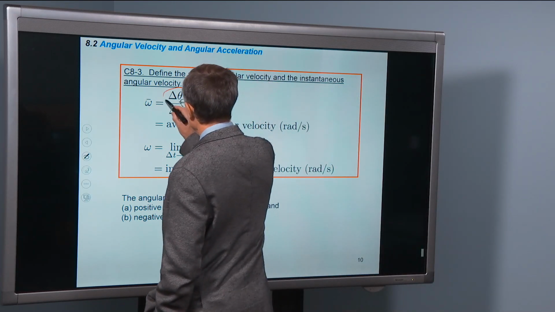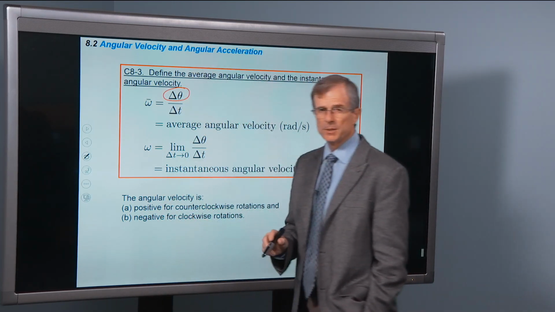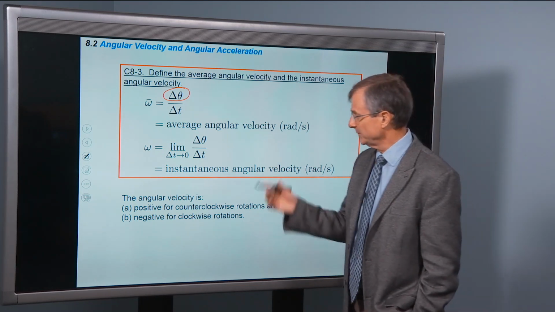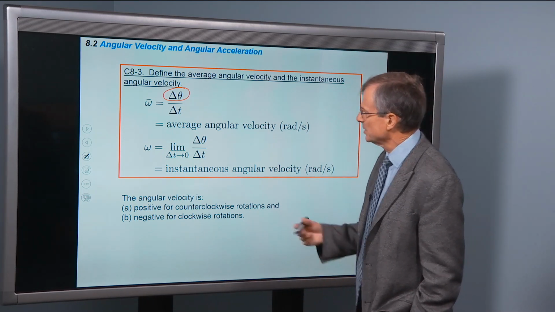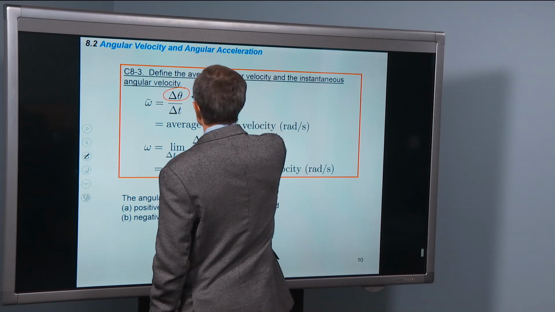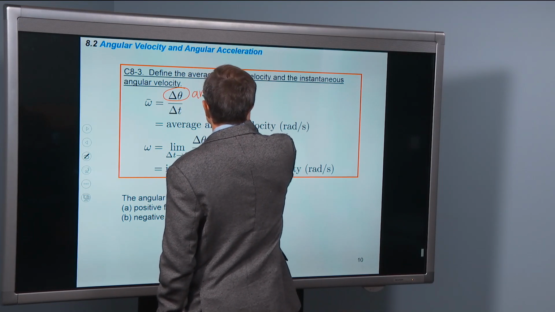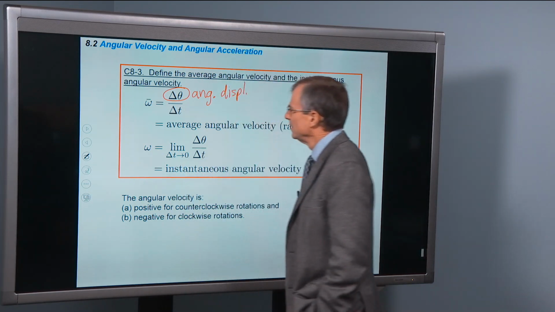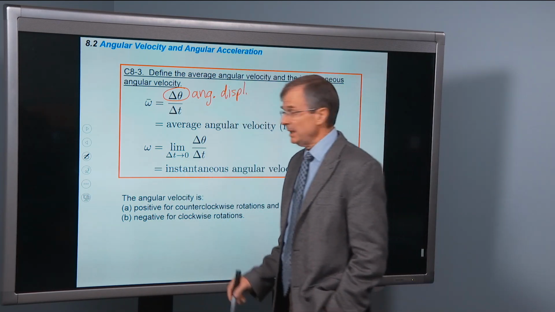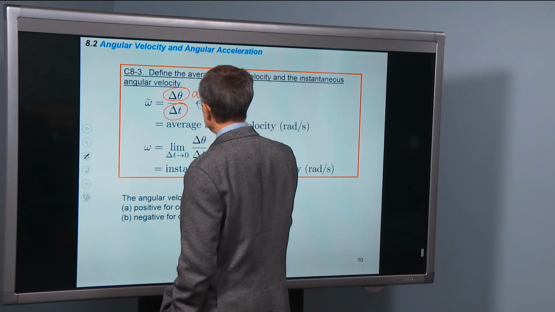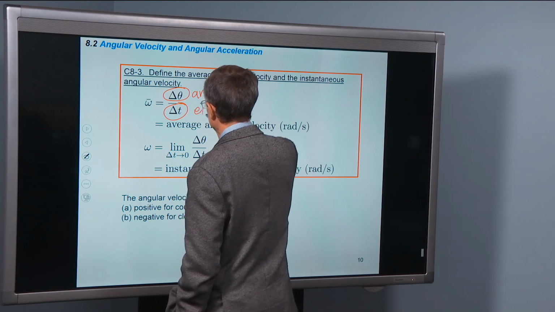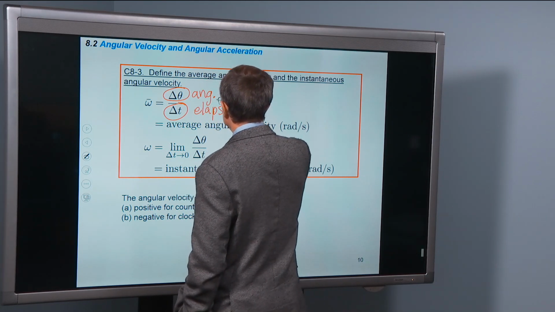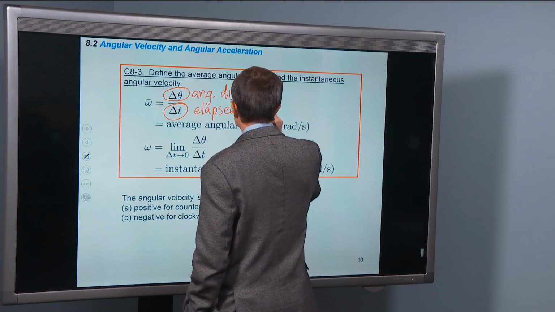This delta theta we introduced in the last section is called the angular displacement. And delta t is going to be our elapsed time.